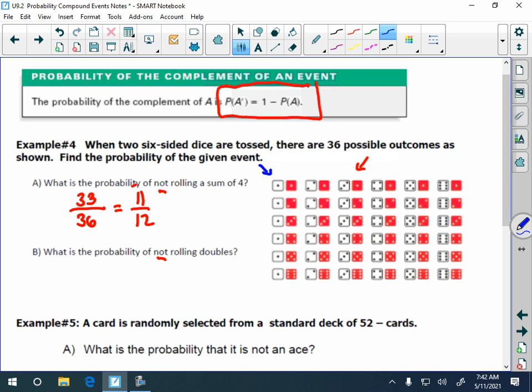So if we take those 6 out of the total combinations there are, that's going to leave us with 30 over 36. And if we divide by 6, 5/6.